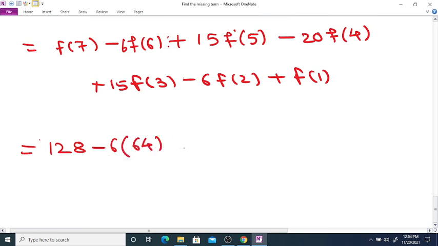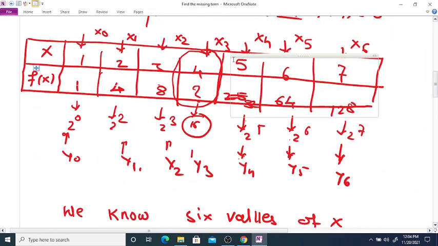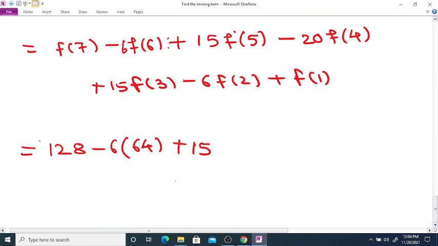Next, plus 15 times f of 5. F of 5 is 32.